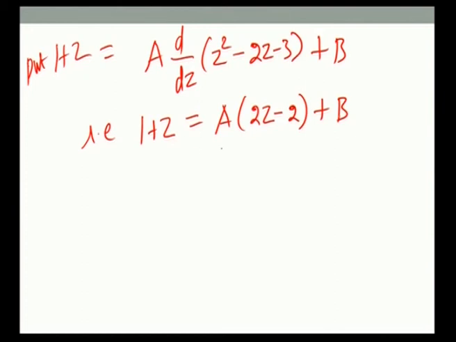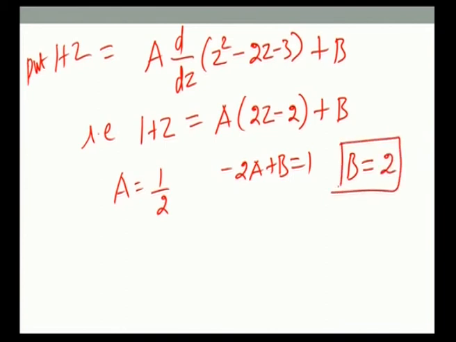Now equating the coefficients of z and the constant term, we will get a is equal to 1 by 2 and minus 2a plus b is equal to 1. Therefore b is equal to 2. So we got the values of a and b after equating the coefficients of z and the constant term.